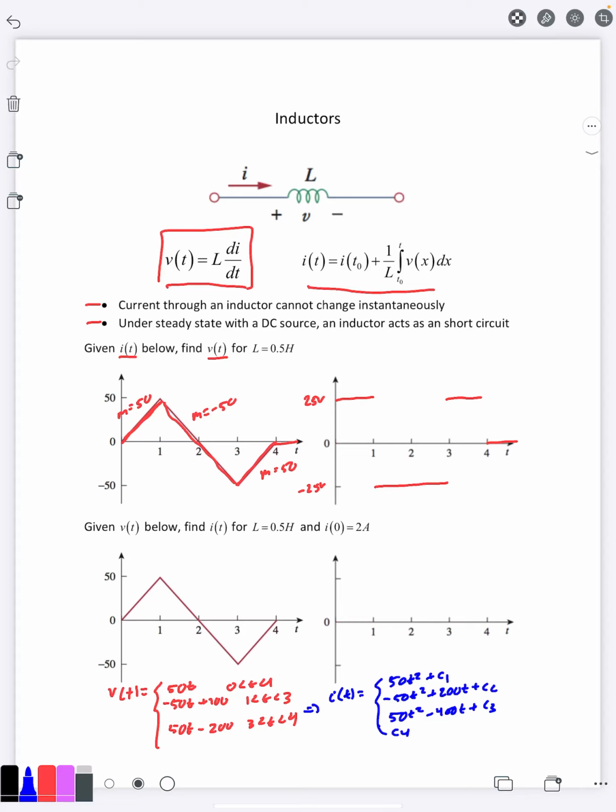And then we go through the same work as before. I of 0 they give us as 2, so C1 is 2. I of 1: if you plug in 1 into the first formula, it'd be 52. If you plug in 1 in the second formula, it'd be 150 plus C2.